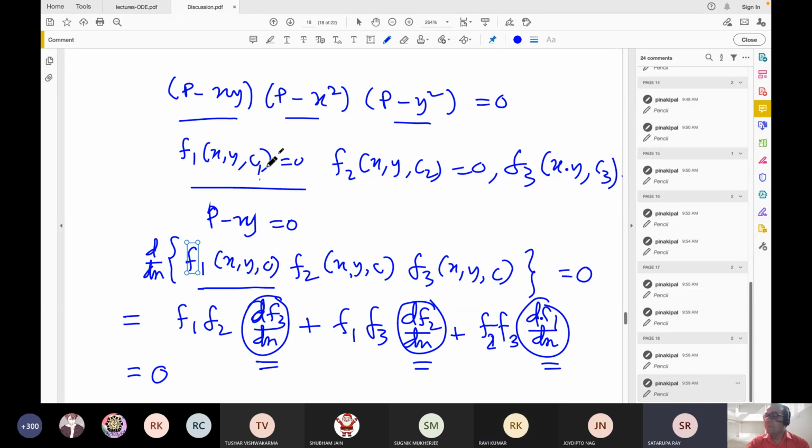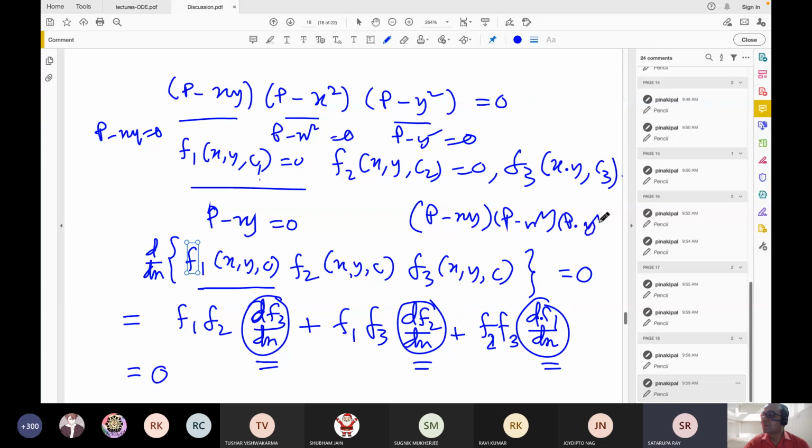If they satisfy the differential equations p minus xy equal to 0, p minus x square equal to 0, p minus y square equal to 0, then this will definitely satisfy the differential equation taken as p minus xy into p minus x square into p minus y square equal to 0.